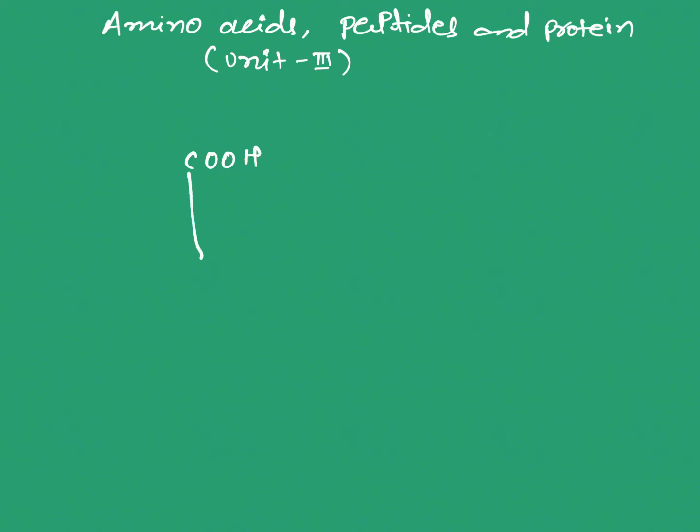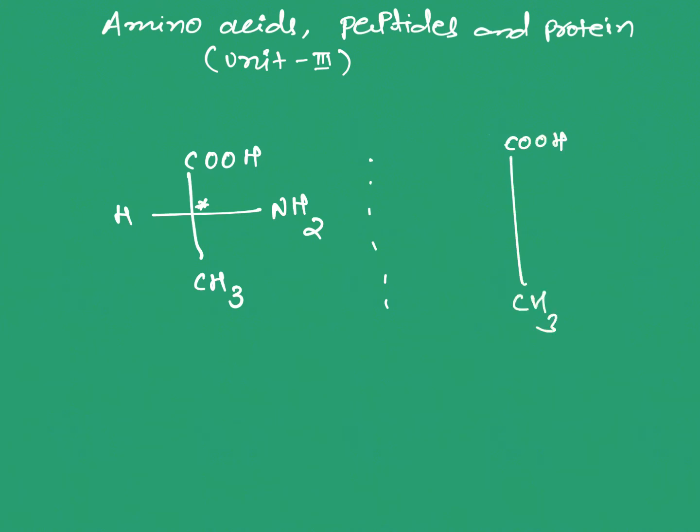This amino acid I am writing in the Fischer projection formula, NH2, and this is a chiral carbon. It can exist as a mirror image also, NH2.